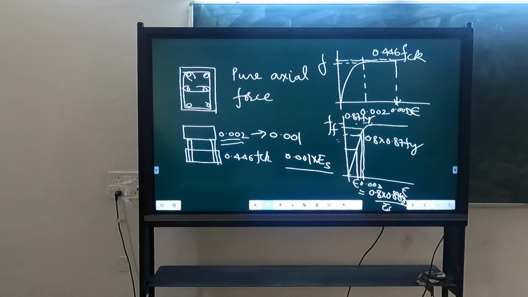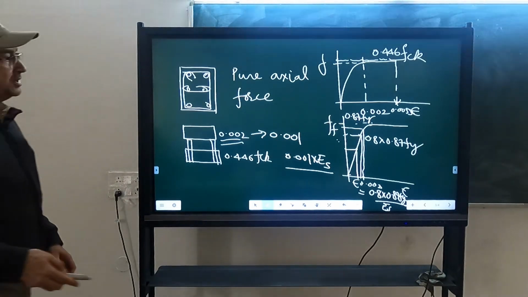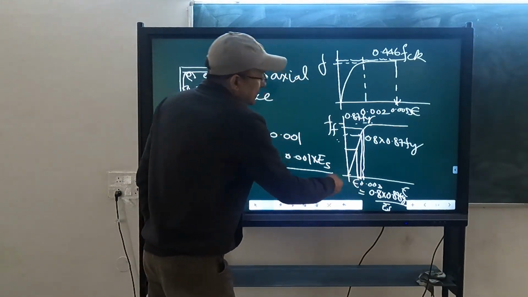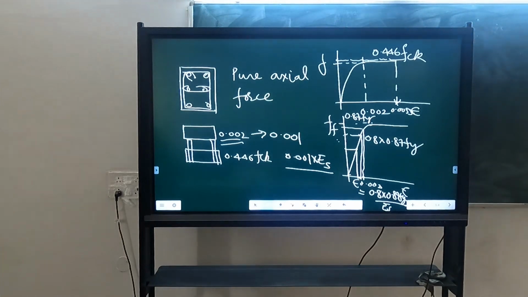Strain diagram does not decide whether it is inelastic or elastic behavior. That will depend upon the value of strain. If the value of strain is less than this, then it is elastic. Then you can apply the working stress method or linear theory, whatever. Here you can't apply that.